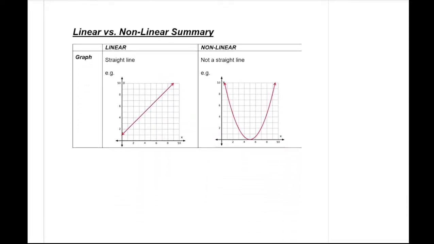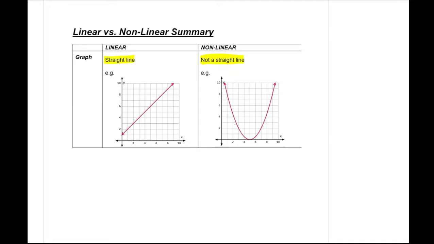So if we're looking at a linear versus non-linear summary, we're going to look at all the different representations. We've talked about them in the past for linear relationships. Now we're going to look at them all, comparing linear and non-linear. So for a linear relationship, if we have a graph, we should see a straight line. If it's non-linear, it's not a straight line.